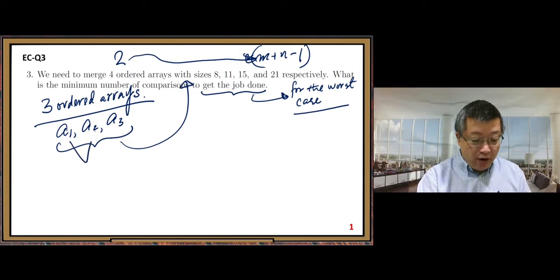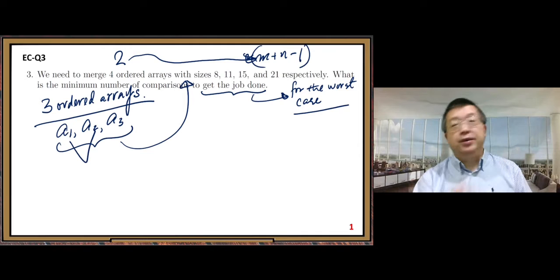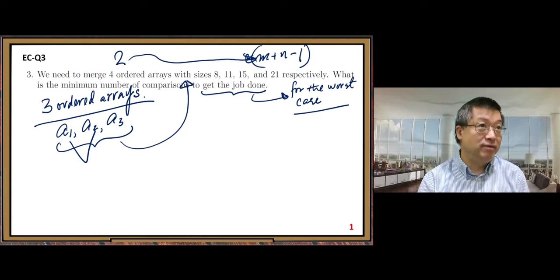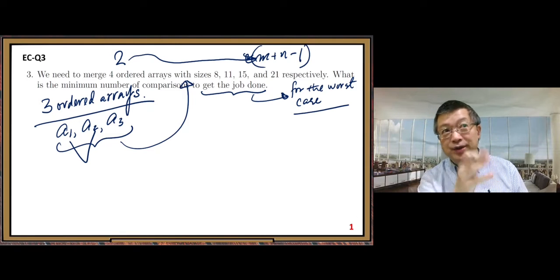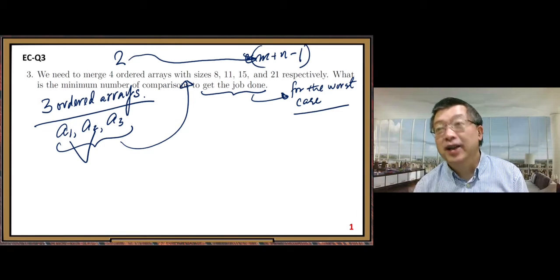Let's just merge A1, A2 first. So you may ask why A1, A2? Because A1, A2 can be any two sizes, right? So when we work on A1, A2, that's pretty general, right? All right.